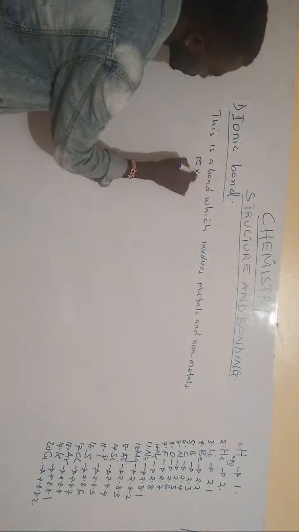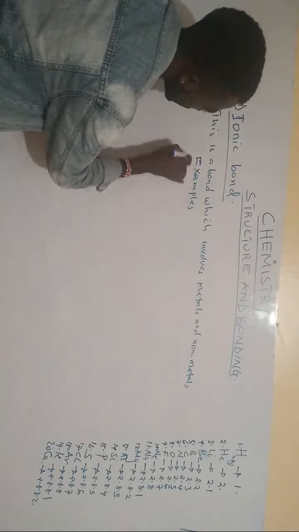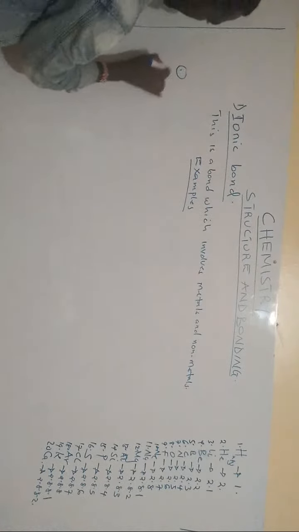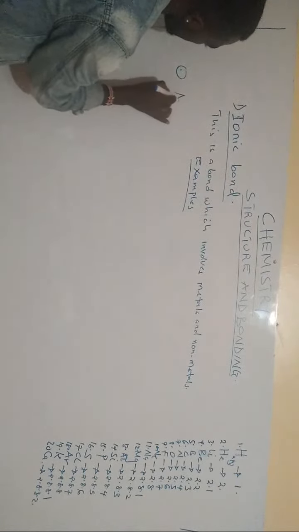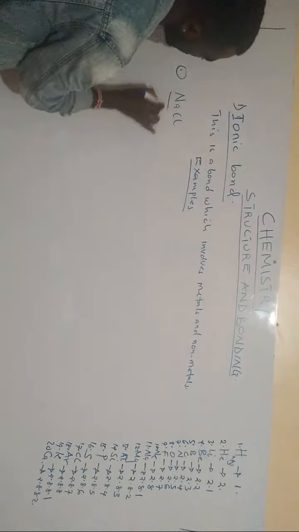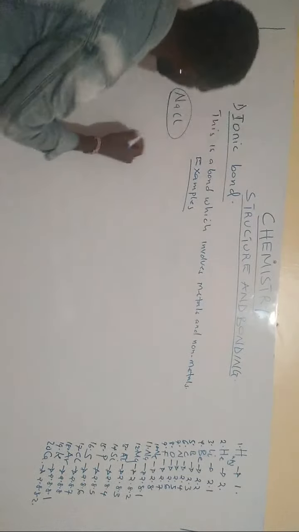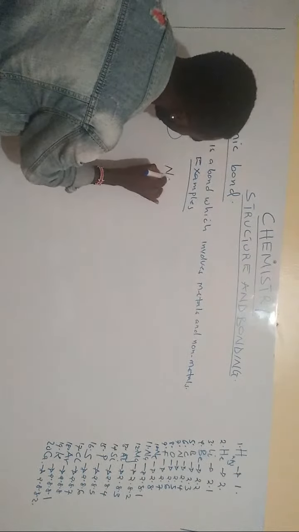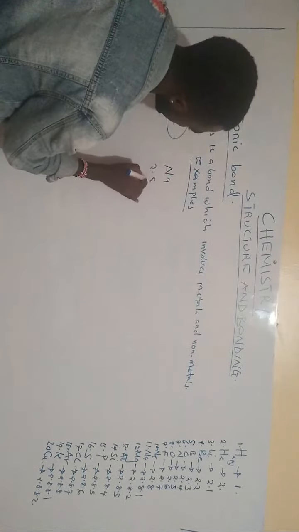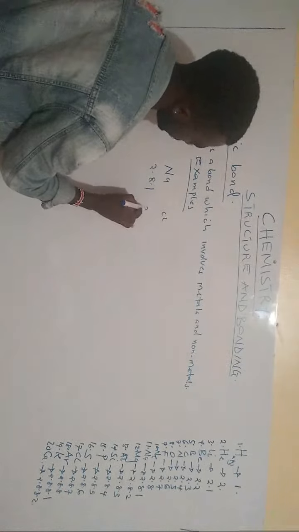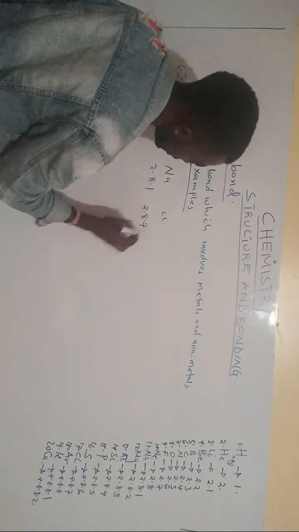A good example is sodium chloride. Sodium chloride is a compound made up of sodium, which has an electron arrangement of 2:8:1, and chlorine, which has an electron arrangement of 2:8:7.